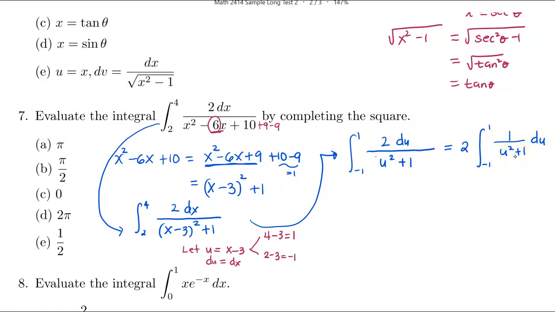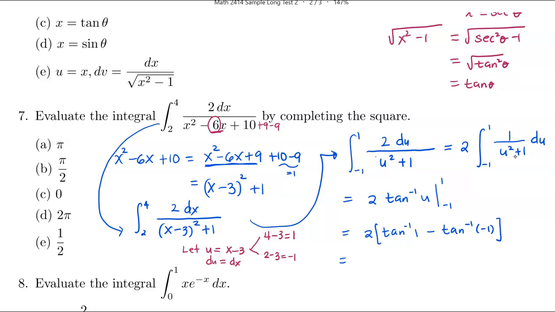That is just tangent inverse of u. So this is equal to 2 tangent inverse of u. Evaluate this from negative 1 to 1. And that is equal to 2 tangent inverse of 1, minus tangent inverse of negative 1.